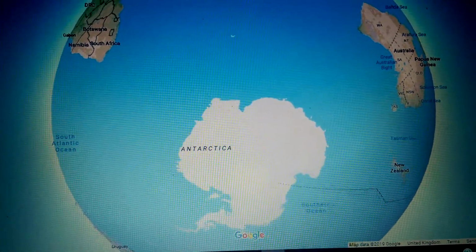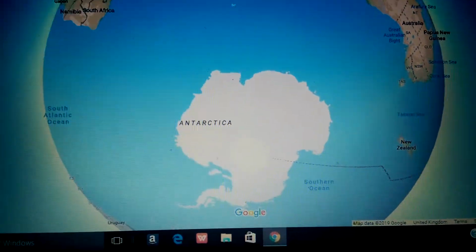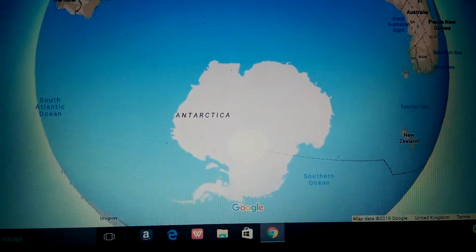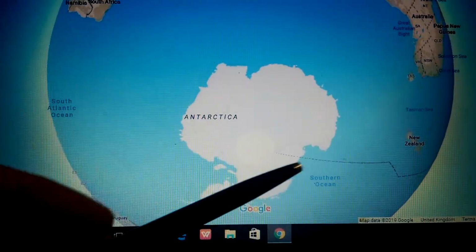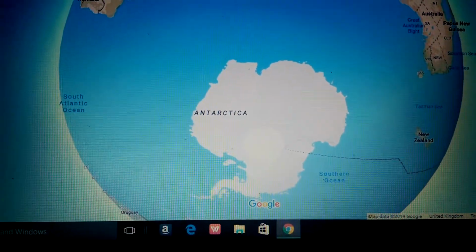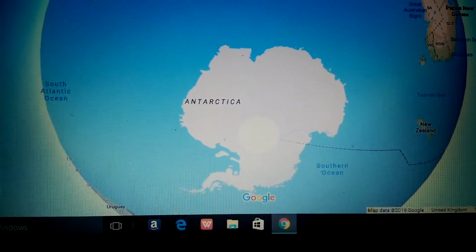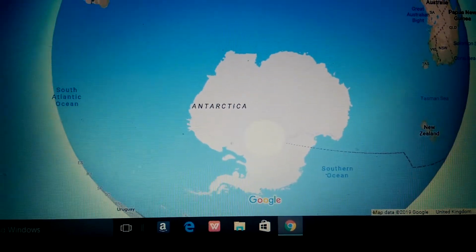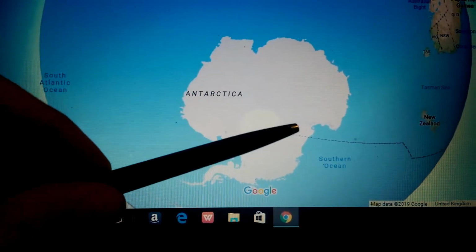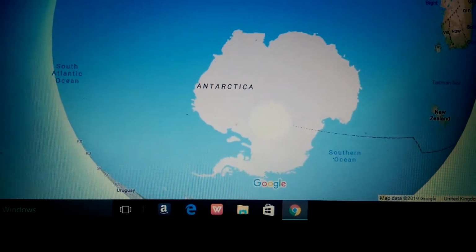But even on that, it dwarfed the continent. So I think they've realised that, and they've actually made this Antarctic. But what I thought was rather odd, you'll notice the indentation here and here and here, and this tail.